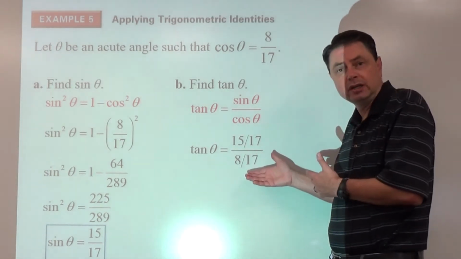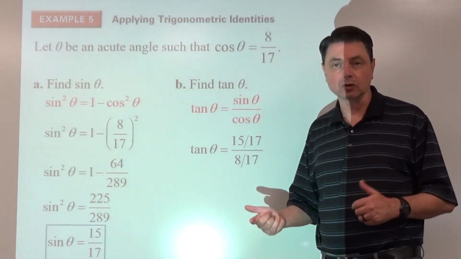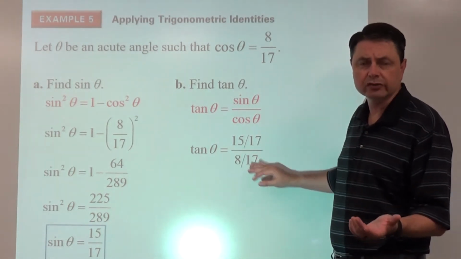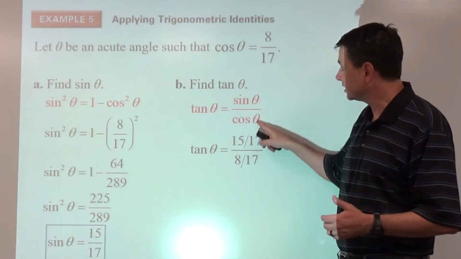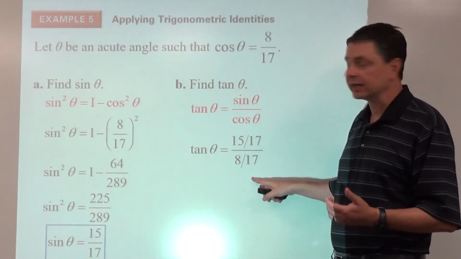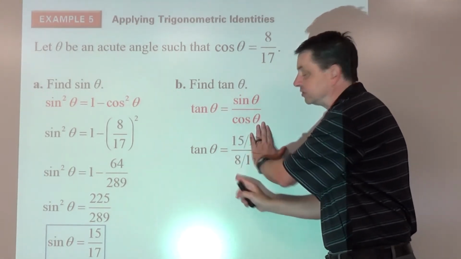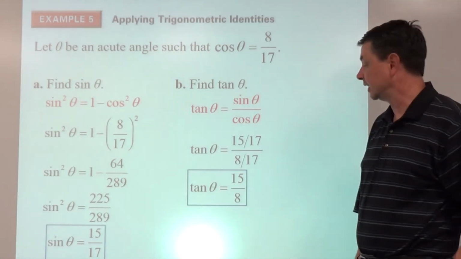We could, instead of dividing by 8 over 17, multiply by the reciprocal. That's one strategy. But as we saw in the unit circle material, if we're dividing complex fractions and the denominators are the same, that just goes away. So we're left with 15 over 8, that being our answer for the tangent of theta.